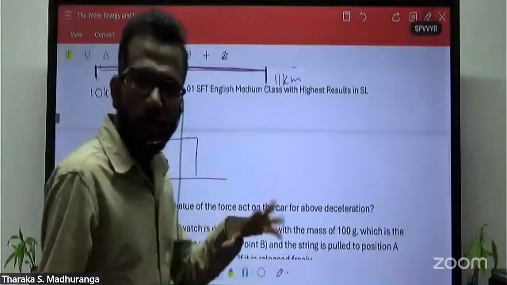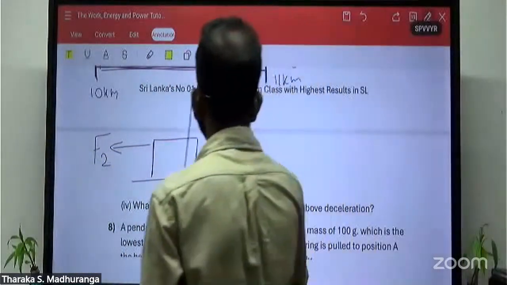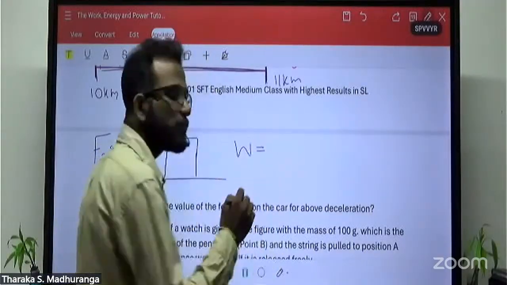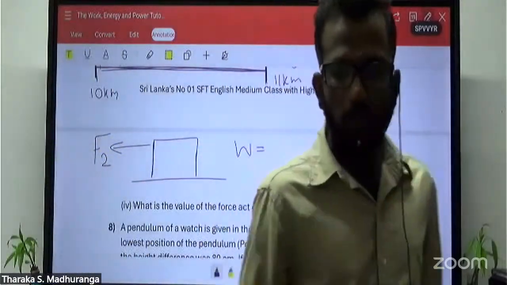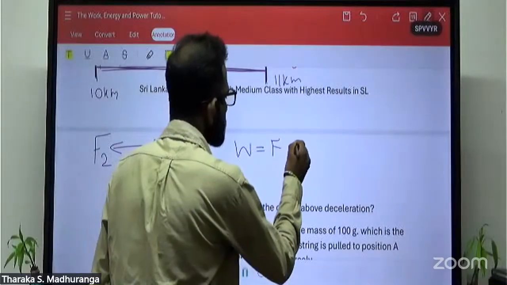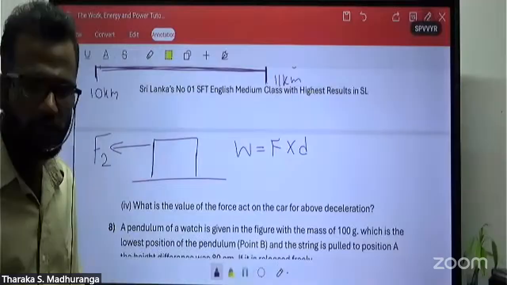Then what is the method to get the force? Very simple: the work equals the external force multiplied by the displacement in the force direction.